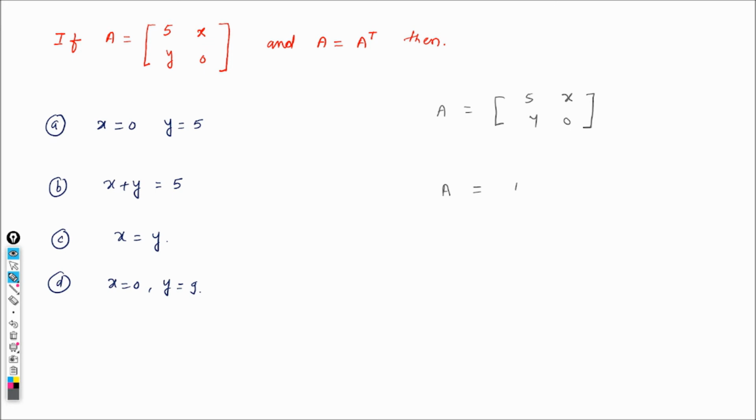A is equal to transpose of A. Here 5, x, y, 0 is equal to the transpose of the given matrix, meaning interchanging rows to columns, 5, x, y, 0. So if we compare corresponding elements, x is equal to y, y is equal to x. So we can say that the answer will be C.